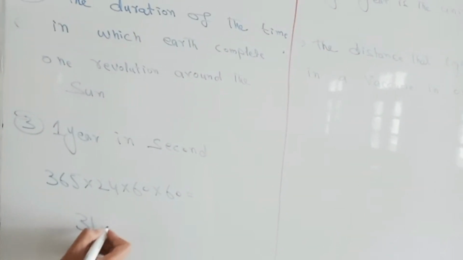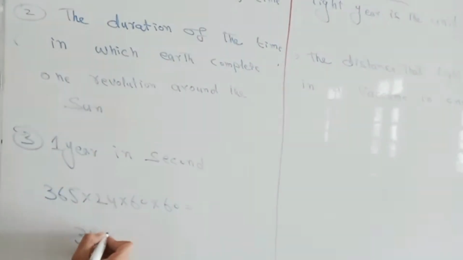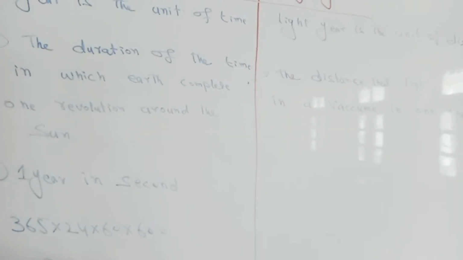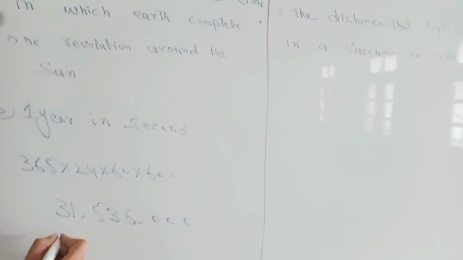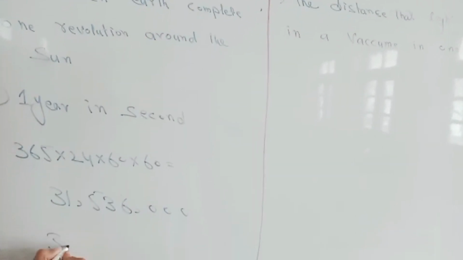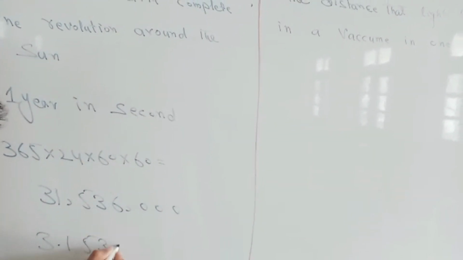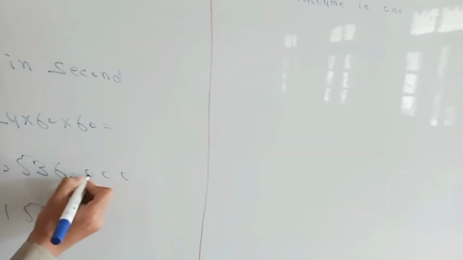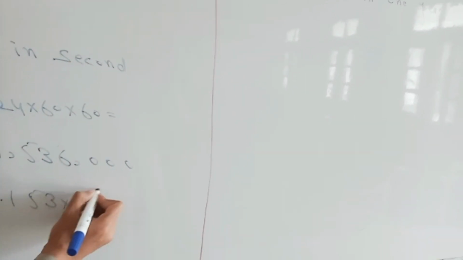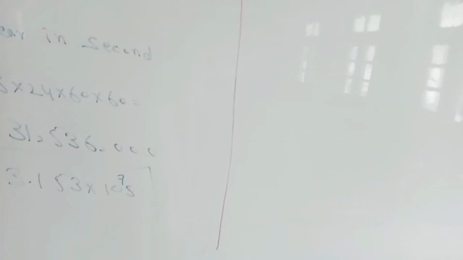If we multiply these, the answer is 31,536,000. If we convert this into scientific notation, there are 3.153 into 10 to the power 7 seconds in the 1 year.